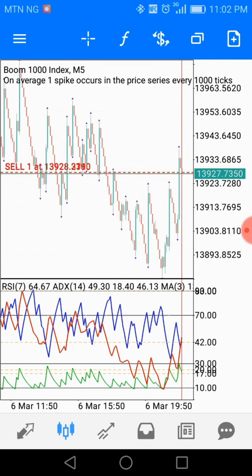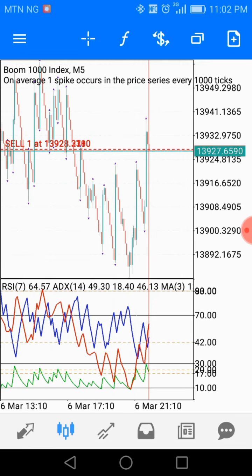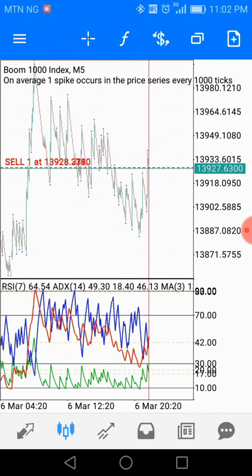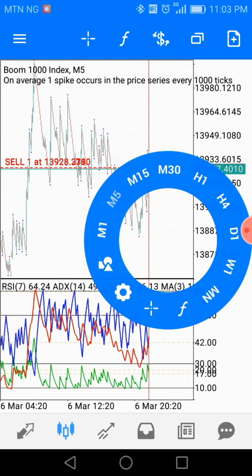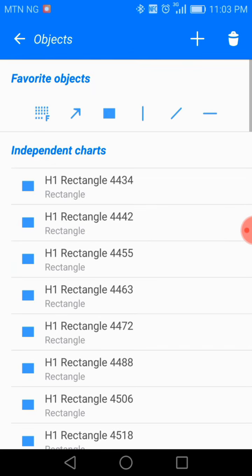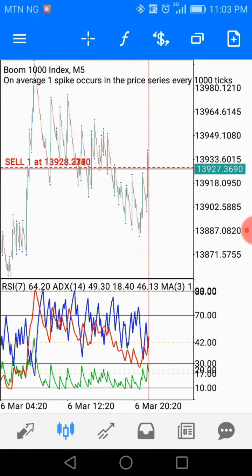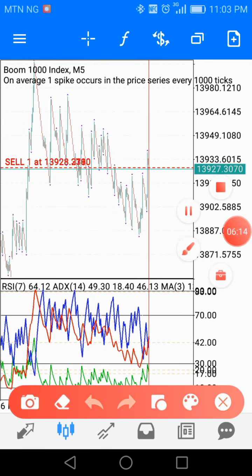Now someone might ask me, do you consider the trend from the higher time frame? Well, that's also important, and this strategy works more when there is a bearish movement from the higher time frame for boom, and when there is bullish movement from the higher time frame for crash. As you can see, let me quickly use my brush to illustrate that.